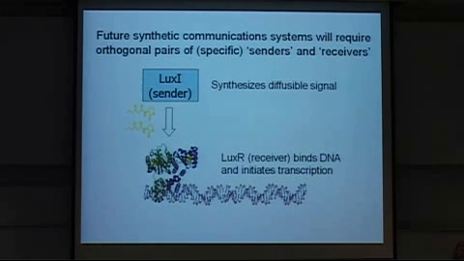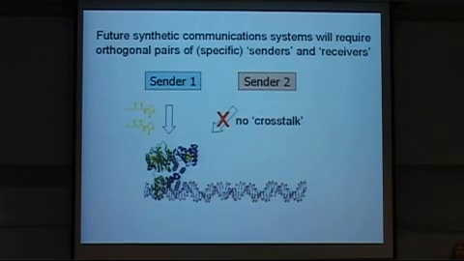We're interested in trying to engineer a whole series of proteins that can be activated by different signal molecules and bind different DNA sequences. In order to do this, we don't want there to be any crosstalk between them.